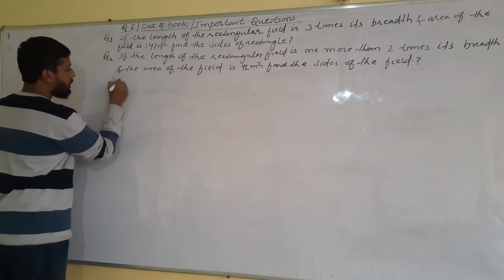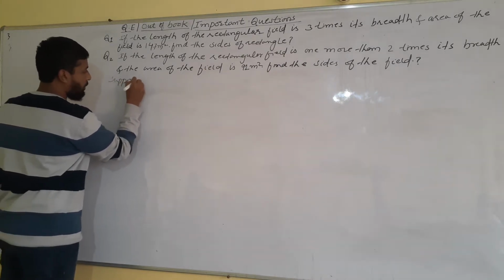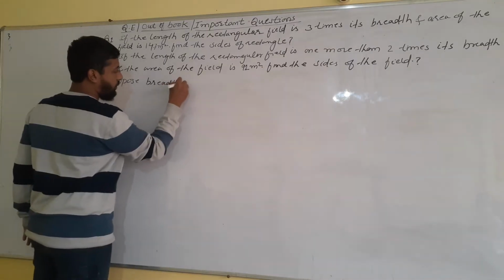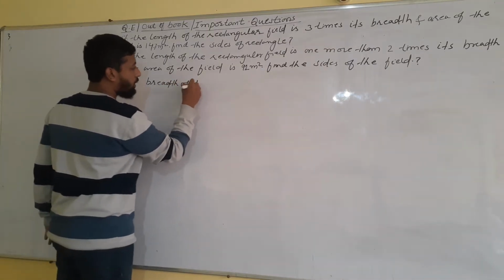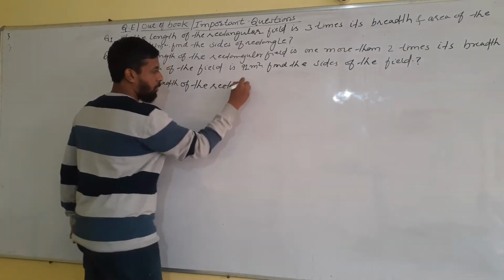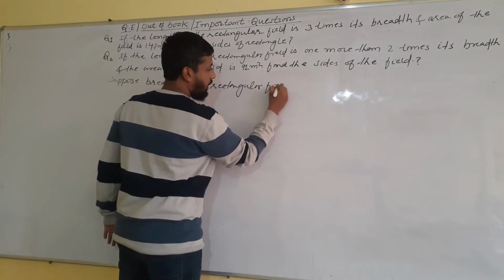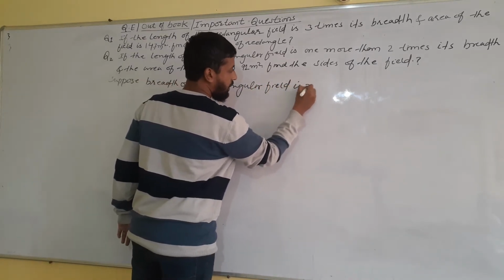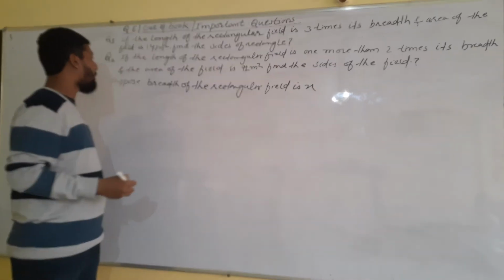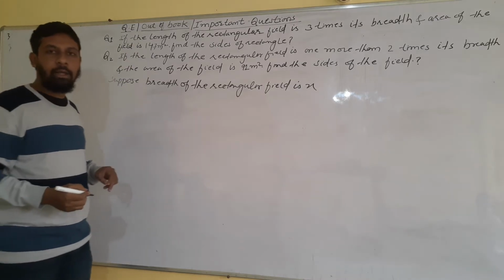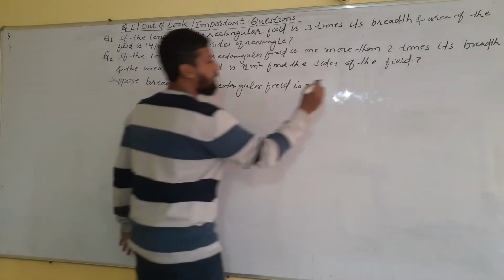Suppose the breadth of the rectangular field is x. If we consider breadth as x, what is it saying? Length is 3 times its breadth. I'll draw the figure and show you.